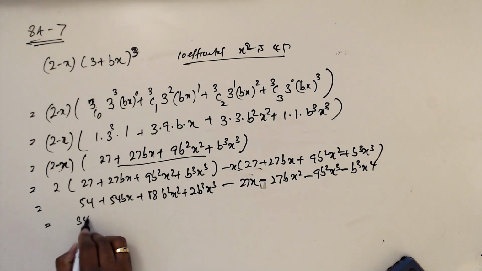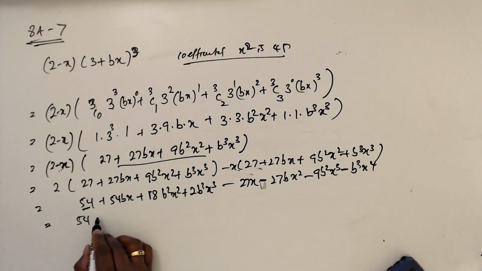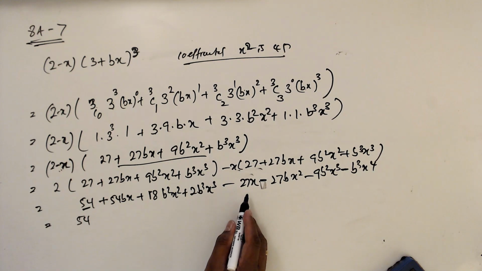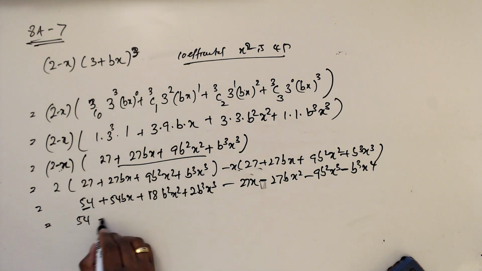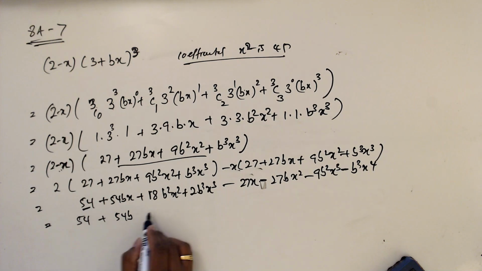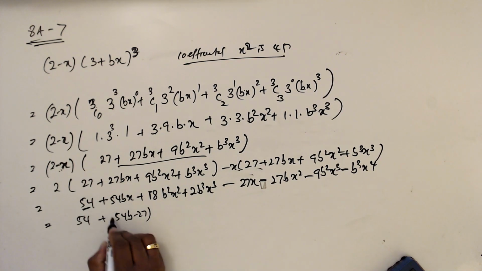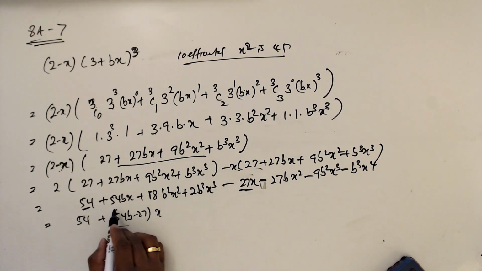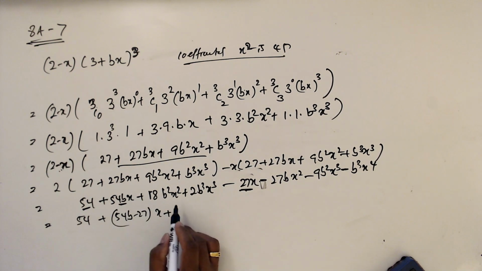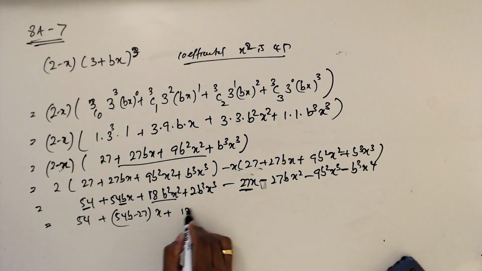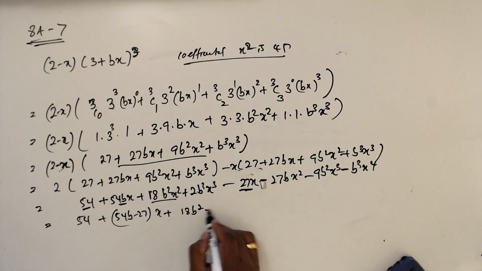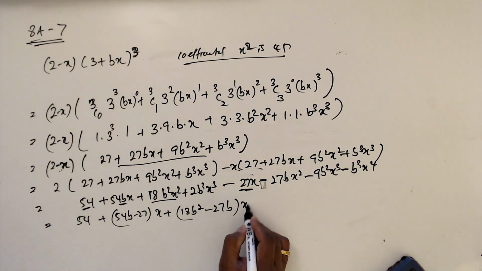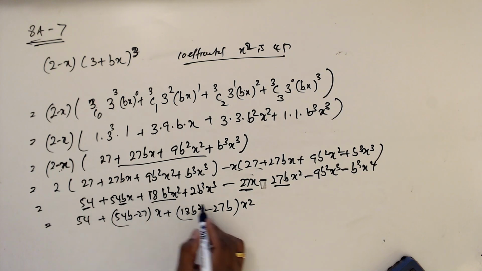So for x, this is 54b and this is minus 27x. Any other x? No, so x is finished. Then the x square: I have 18b square, then minus 27b, and x square is finished.